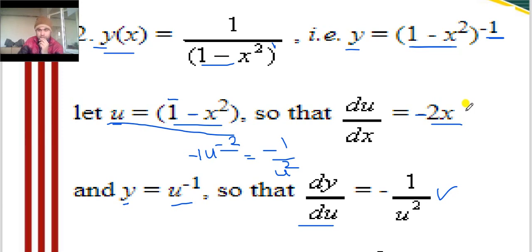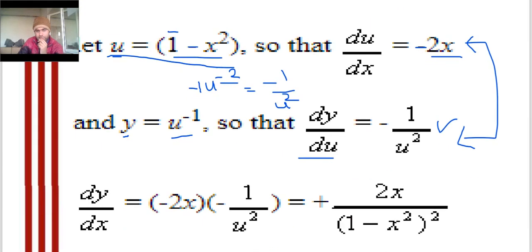So for this type of function we have to solve this one first, then we have to find dy by dx, then we multiply both of these. So we write dy by dx is equal to this minus 2x into this minus 1 upon u square.